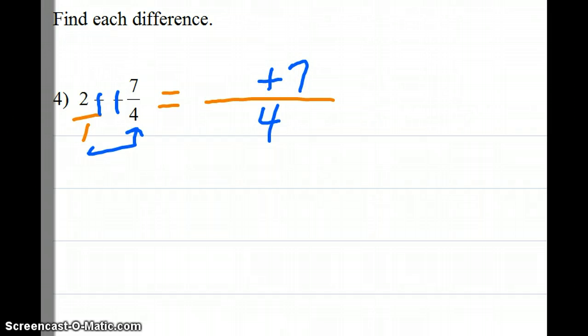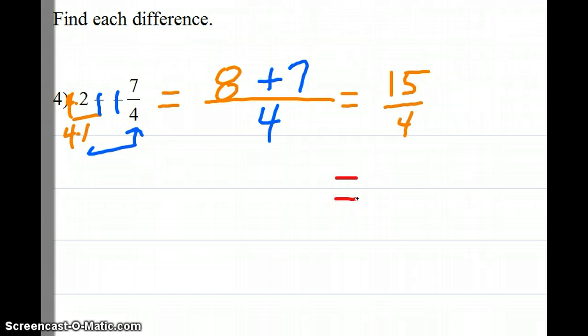And then how am I going to change 2 over 1 to fourths? Think of, again, I want to multiply the bottom by 4, which means I need to multiply the top by 4. So I'll get 8 fourths plus 7 fourths, which is how many fourths? 15 fourths. The mixed part of this is, again, think about 4 going into 15.